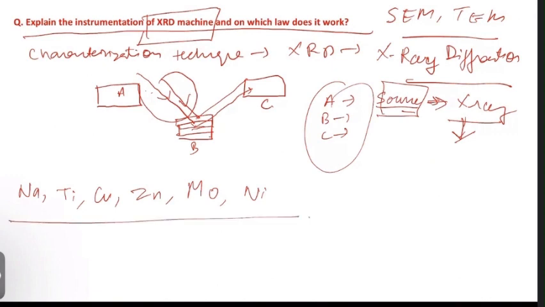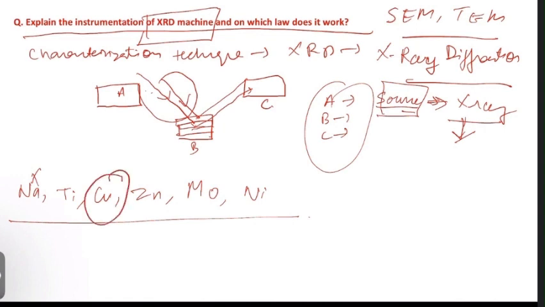Which element is used for generation of the X-ray source in XRD? You can give a guess also. If you do not know, you can give wrong answers also. We are here to discuss. Sodium. No, not sodium. Copper. Yeah, right, copper.